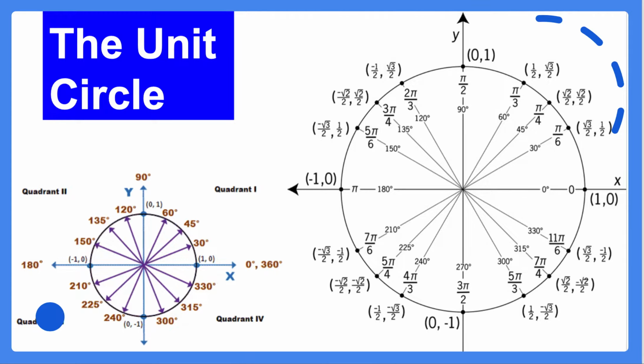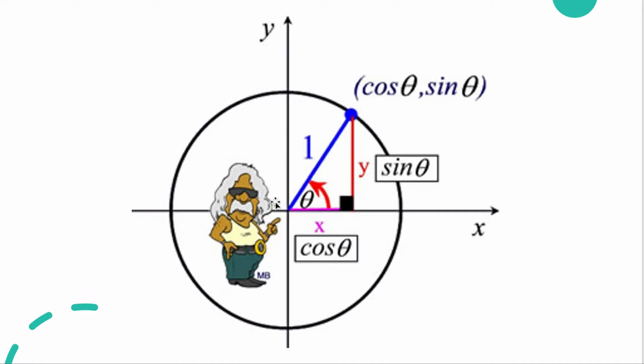But let's go here and see a different picture. In this picture it is presented much better. So x here signifies the cosine theta, and the y coordinate signifies the sine theta. And this point here is x, y, or cosine theta, comma sine theta.